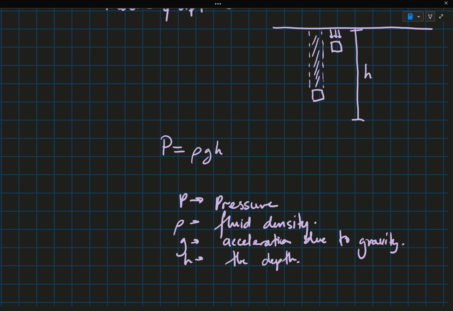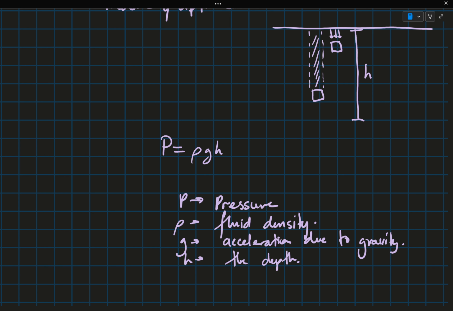But upthrust, really and truly, we use this equation that you had in CSEC in order to get the upthrust. So upthrust, some persons write F_U, some persons just put upthrust.